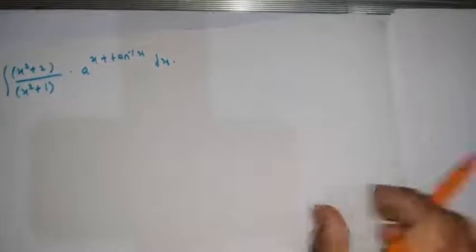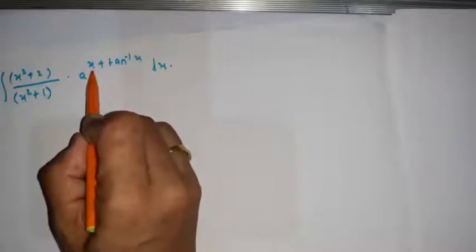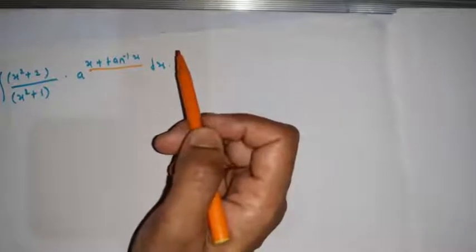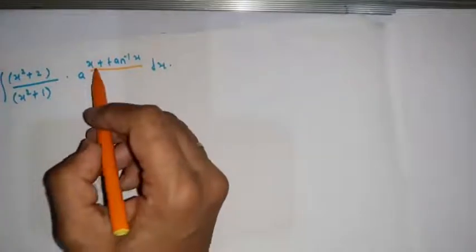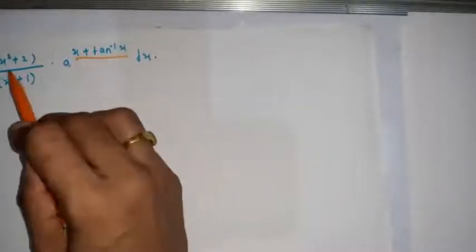Okay students, so here the complicated function is a raised to x plus tan inverse of x. Now, for giving the substitution to this, students, at first try we can't say that this is the substitution for this problem.